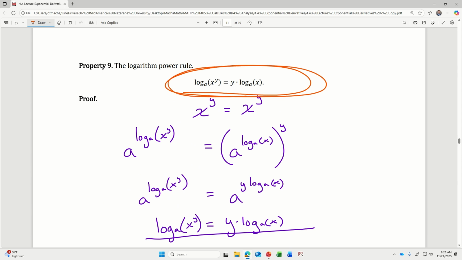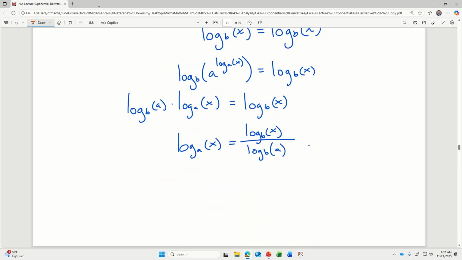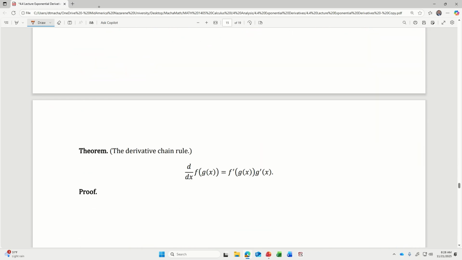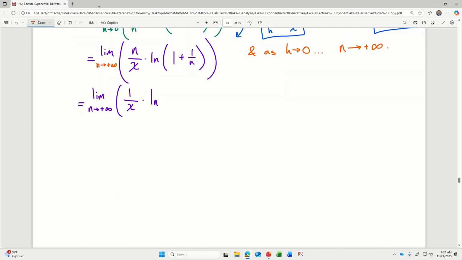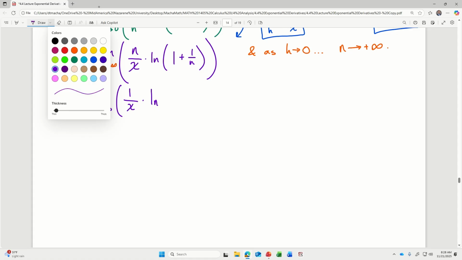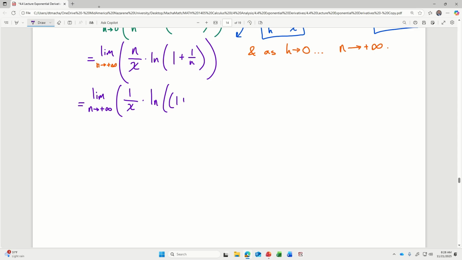Going from right to left, if I have something that's multiplying the logarithm, I can put that inside the logarithm and make that a power on the inside of the logarithm. That's what I'm going to use as property number 9. And so this is what it looks like to apply that property number 9. Where I'm multiplying by n, I'm now going to make n a power on the inside of my logarithm.